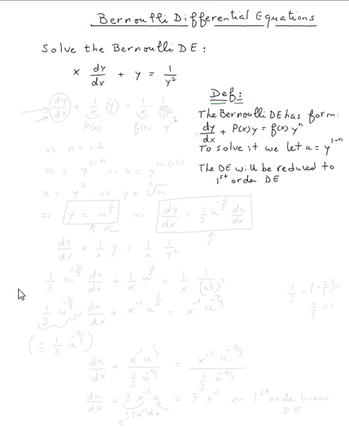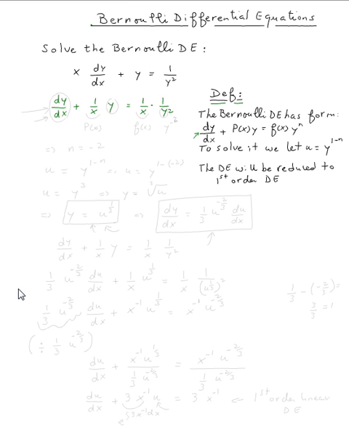So first, let's check if this is really a Bernoulli differential equation. We see there is no x in front of dy/dx here, so we need to divide by x, so we can see if it has that form. If we divide by x, we get dy/dx plus y over x, the same thing as 1 over x times y, equals 1 over x times 1 over y squared.